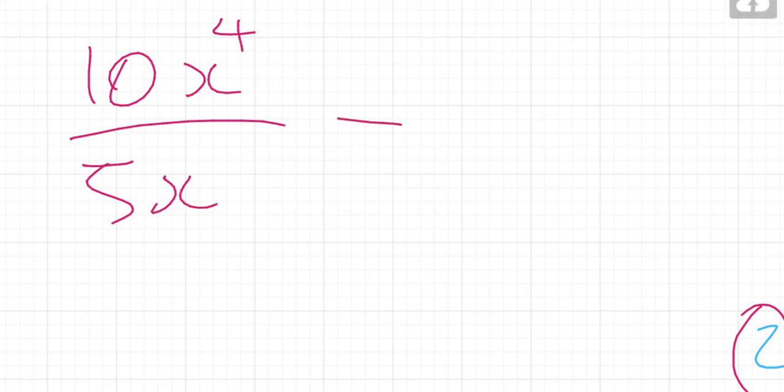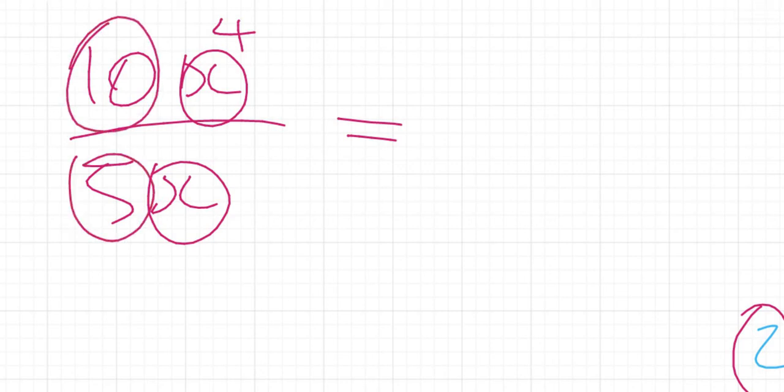5x. Since they share the same base, the same variables, we can divide these coefficients and we get 2. And since the bases are the same, we just subtract the powers.